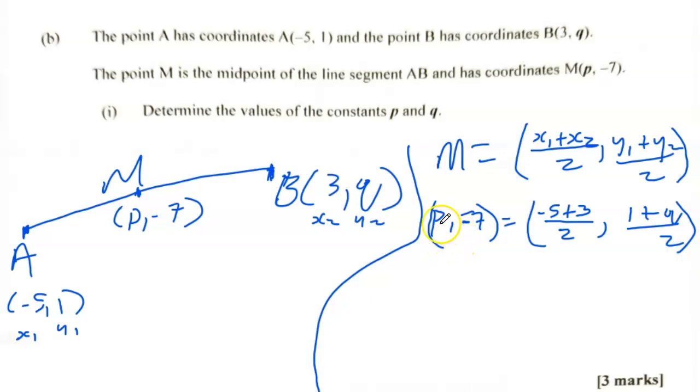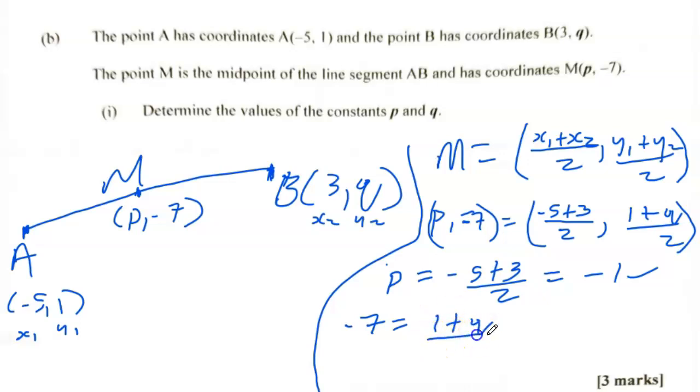So p, the x coordinate of the midpoint, would be equal to negative 5 plus 3 divided by 2. That's equal to negative 1. So p is negative 1. The corresponding y coordinates: negative 7 would be equal to 1 plus q over 2.